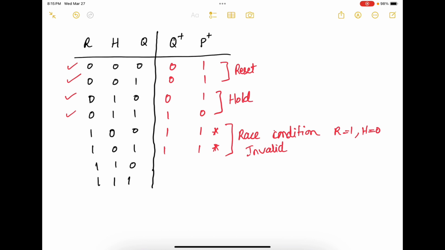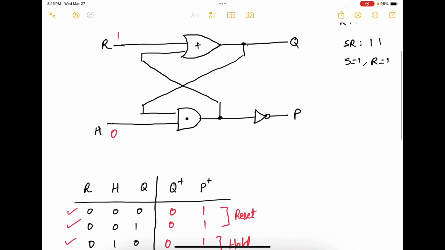R is 1, H is 1, and Q is 0. 0 goes down. 0 and 1 is 0. Flip. 0 goes on top. 1 or 0 is 1.